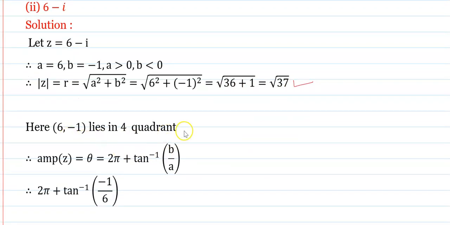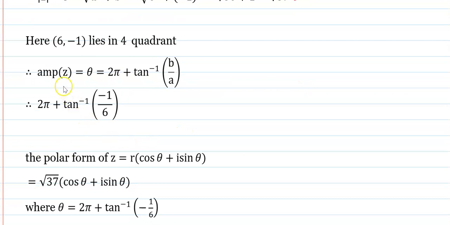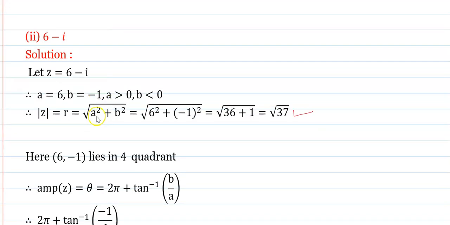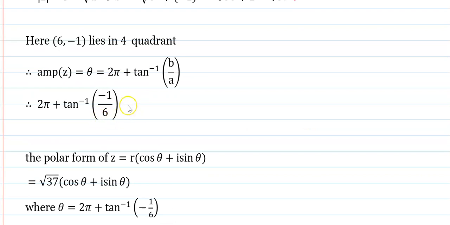6 minus i lies in the fourth quadrant, and therefore the amplitude of z, by using the formula, theta is equal to 2 pi plus tan inverse of b upon a. The value of b is minus 1, a is 6, and hence you will get 2 pi plus tan inverse of minus 1 upon 6.